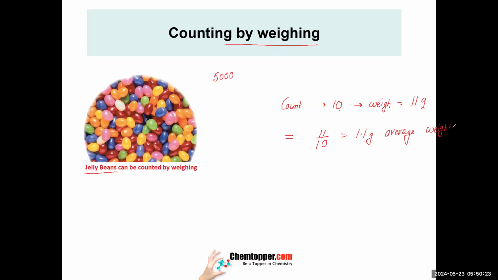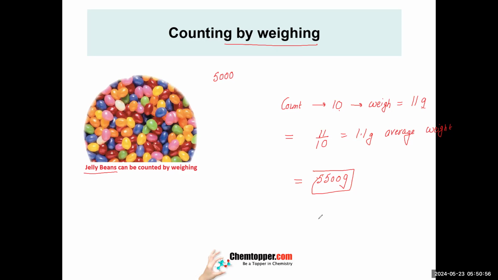So how much will be the weight of 5? How much will be the weight of 5,000? So what are you going to do? You will measure 5,500 grams of jelly beans, and that will be the 5,000 jelly beans in counting. Mayank, you're understanding this? Okay, good. So can I say that we can do counting by weighing?